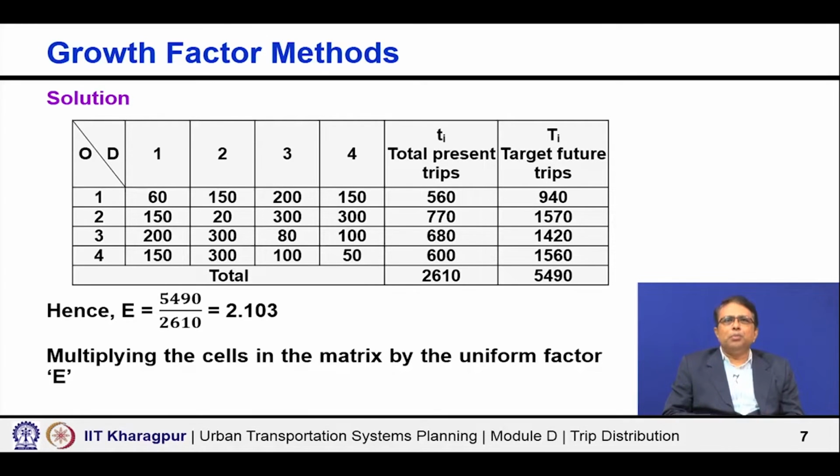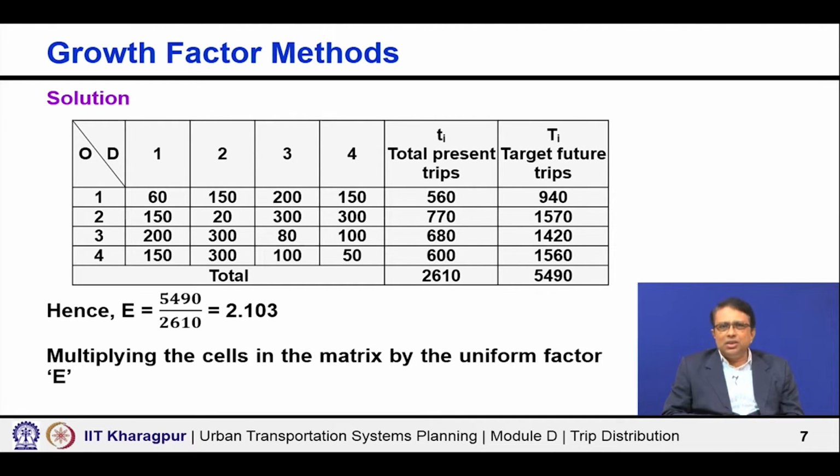So, the present productions are 560, 770, 680 and 600. And we know then the total trips happening in the whole study area consisting of 4 zones: 560 plus 770 plus 680 plus 600. So, we have 2610 trips happening now.